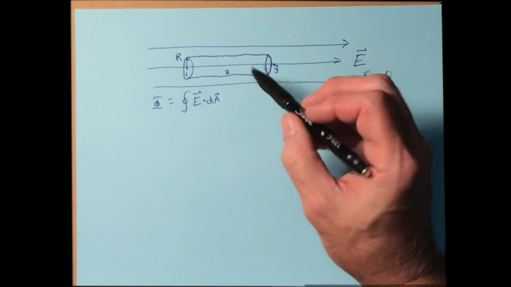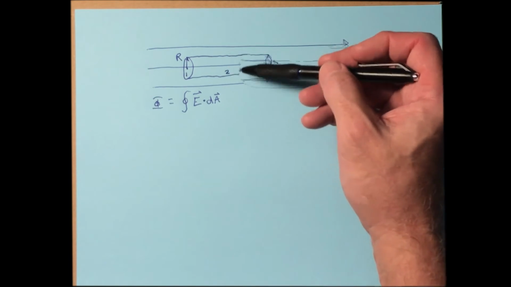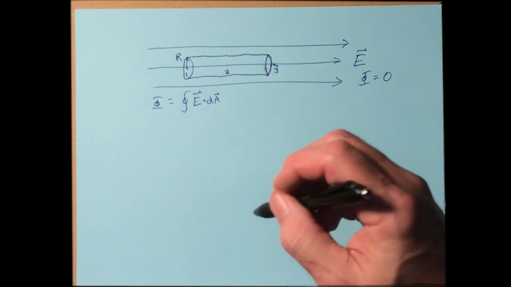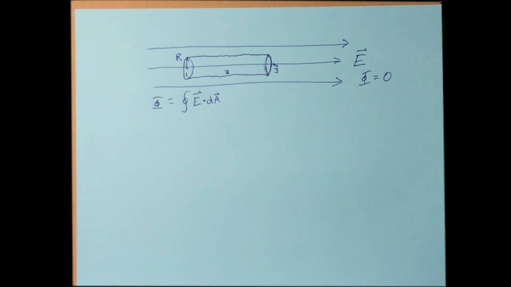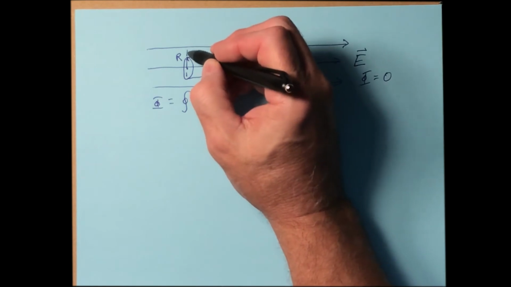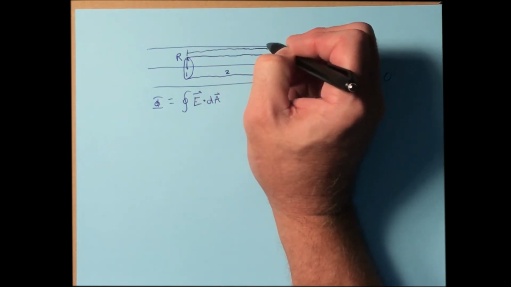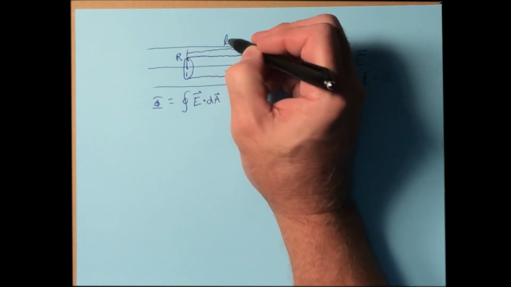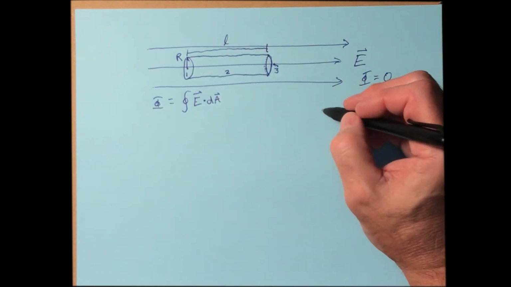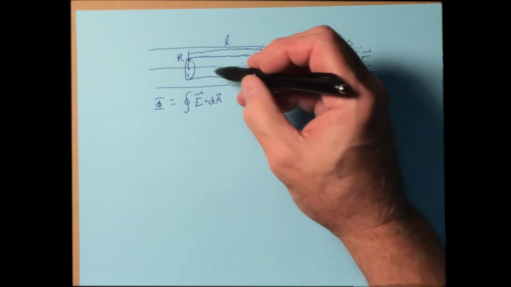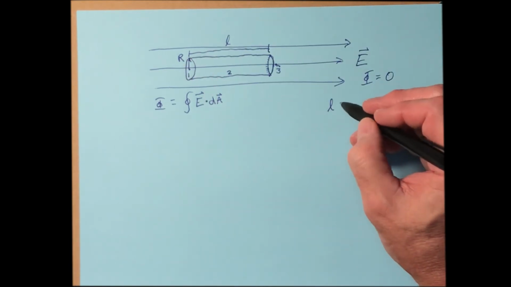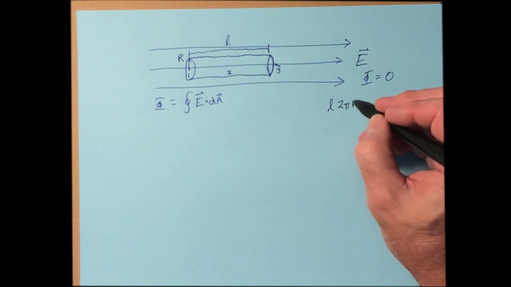All right, so this area 2, you can think of that as a soup can, or a Pringles can in this case, because I've drawn it so long. So how do you do that? Well, if you knew this length right here, let's say that's L, the surface area of that central region is just going to be L times the circumference of the circle, which is 2 pi r.